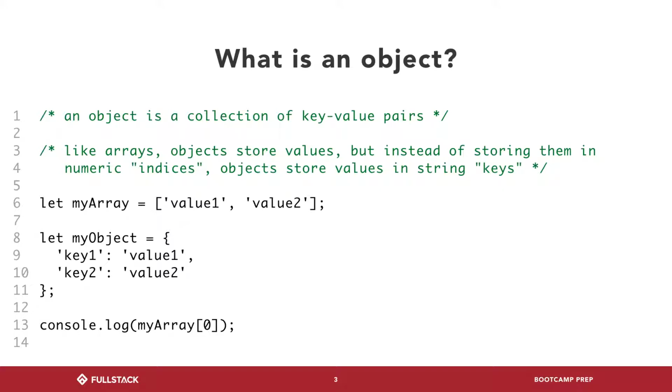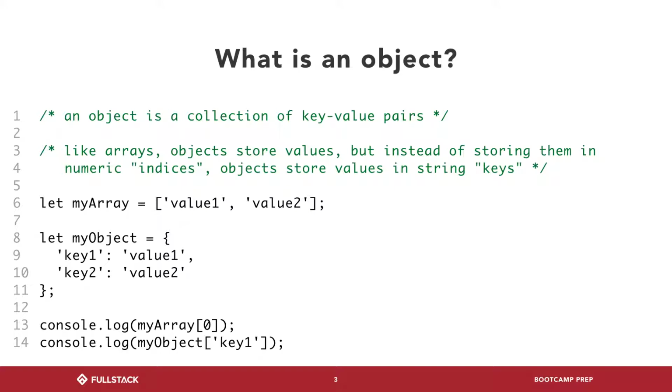So here when I log out the first element in my array, I get value 1. Similarly, you'll notice we use our handy bracket notation again, except for an object, if I feed in the actual key as a string, I say, hey, give me the value. So this is saying give me the corresponding value of position 0.